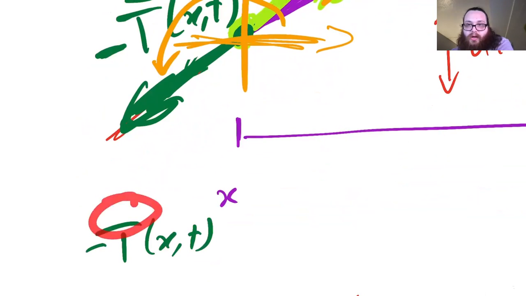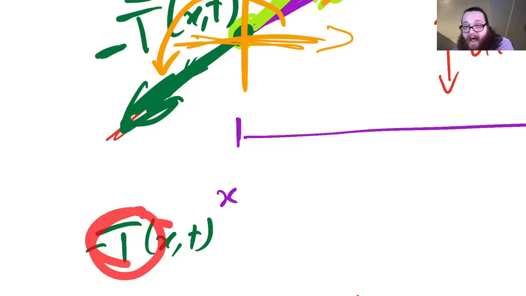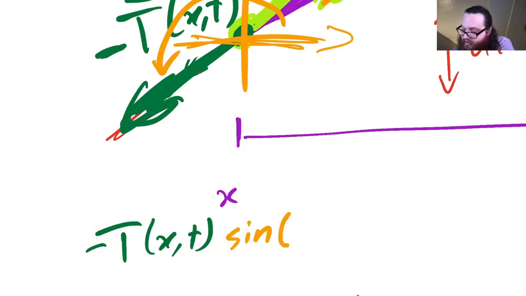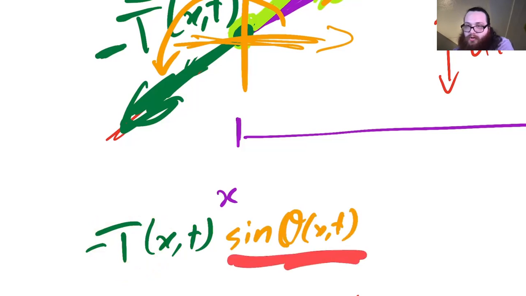I don't have an arrow here, so this is the magnitude of the tension times sine of theta(x, t). Sine means we're taking the vertical component with respect to this angle. If we wanted the horizontal component, we'd be taking cosine of theta.